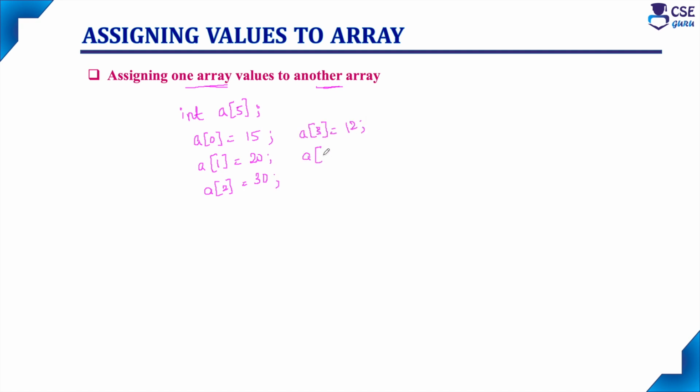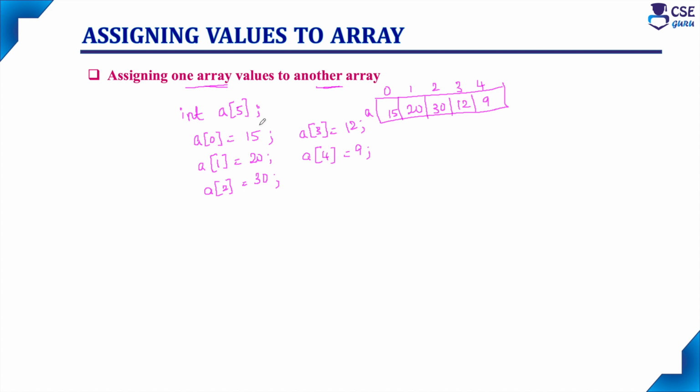Any values you can assign. Likewise, automatically memory will be created for array A and it will store the values, that is 15, 20, 30, 12 and 9, starting from 0 to 4th memory location. Totally 5 elements it will store.